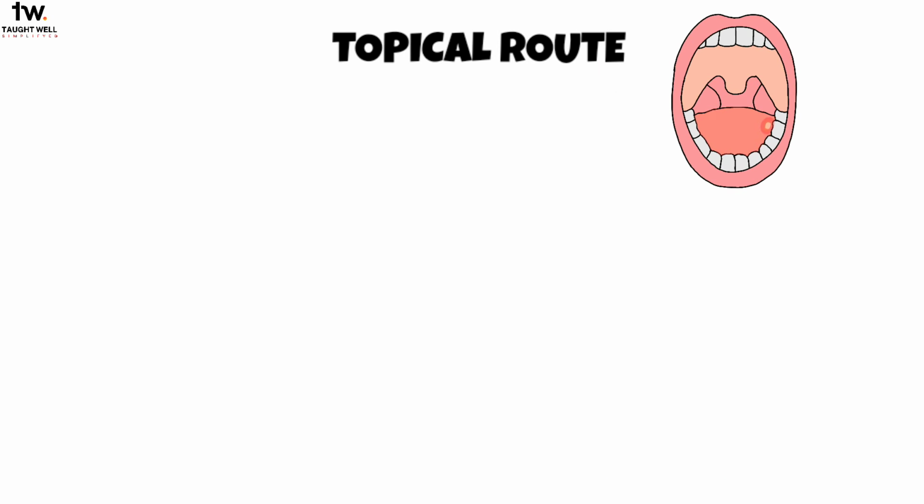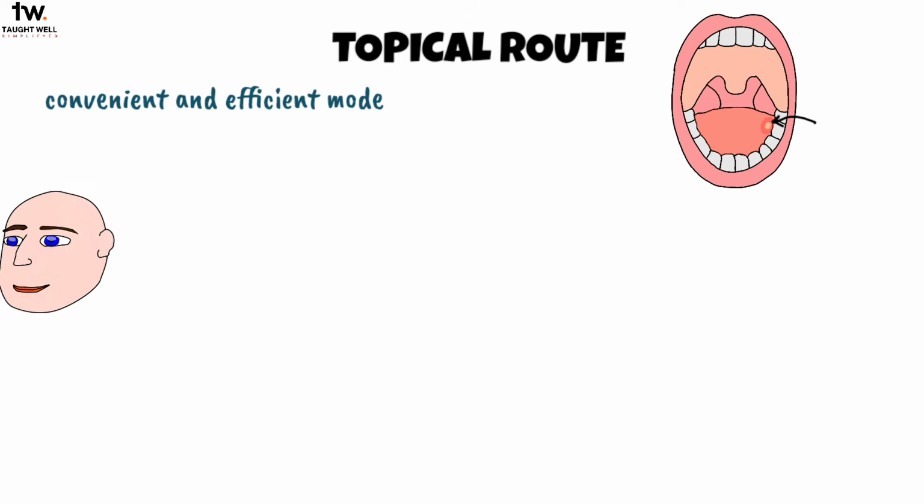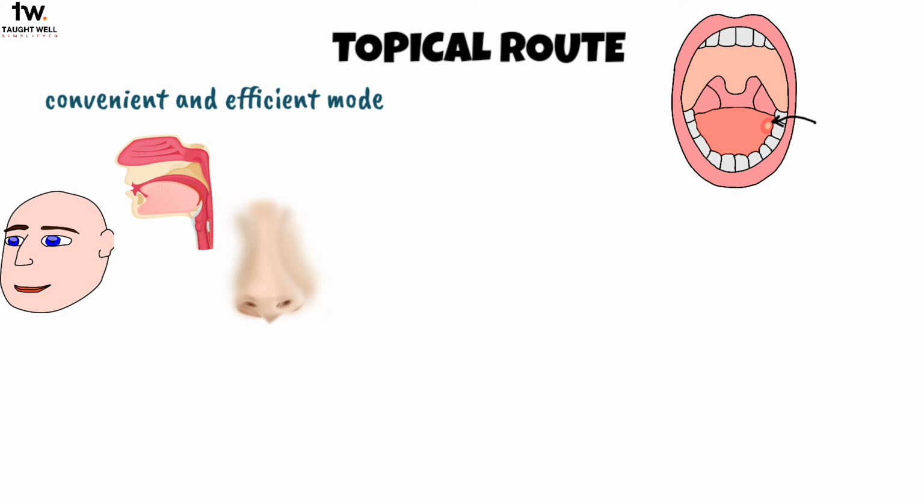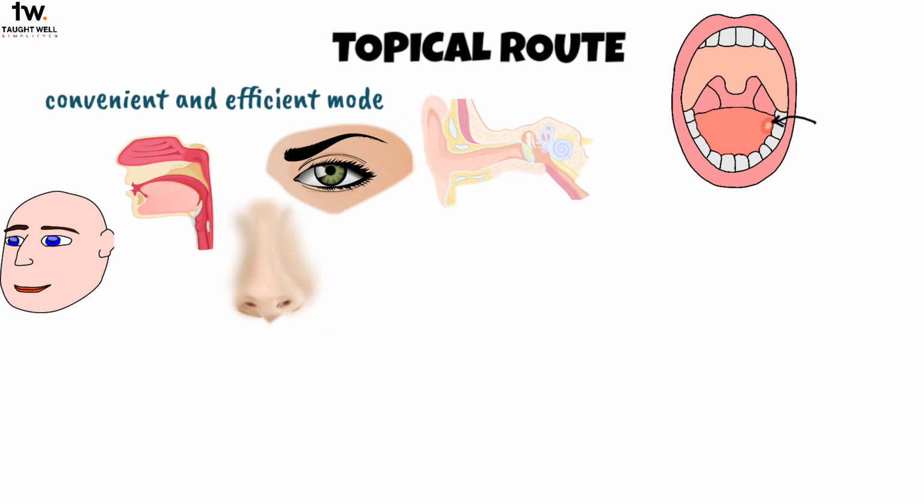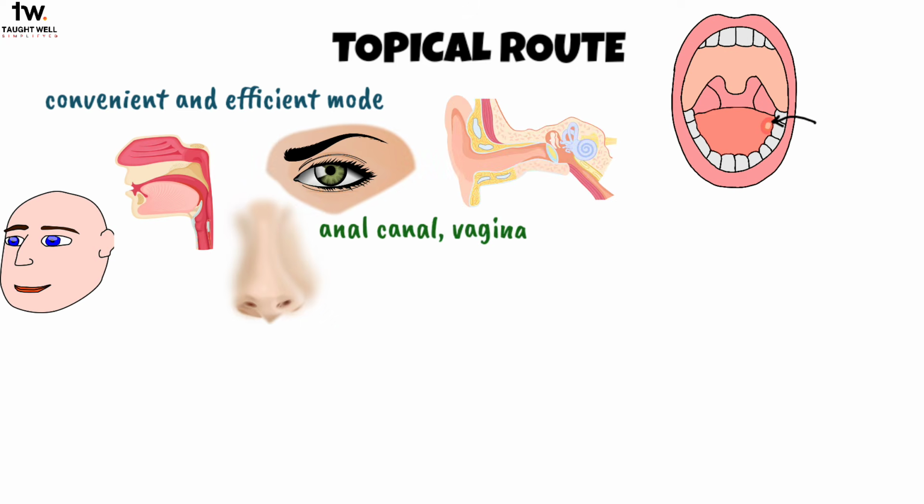The topical route basically refers to the external application of the drug to the surface of the lesion or tissue for a localized action. It is a convenient and efficient mode of delivering the drug to skin, oropharyngeal or nasal mucosa, eyes, ear canals, anal canal, and vagina.